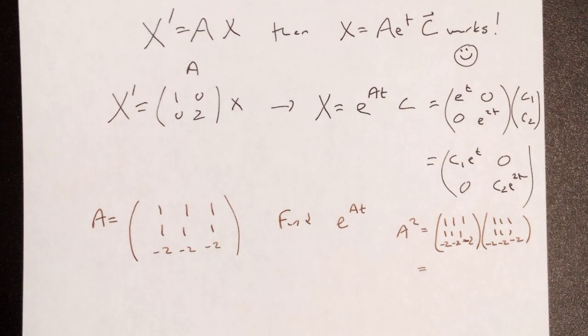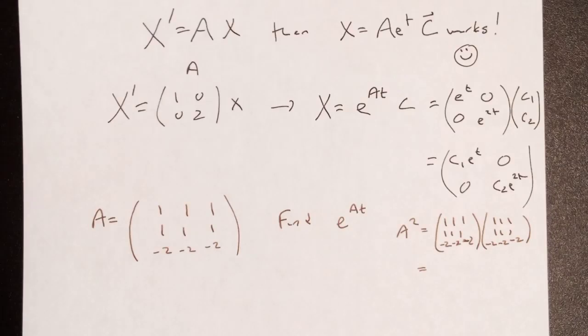And when I do this matrix multiplication, something really nice happens. Yes, you should use your technology for this. You should put this matrix in here and then do matrix squared.